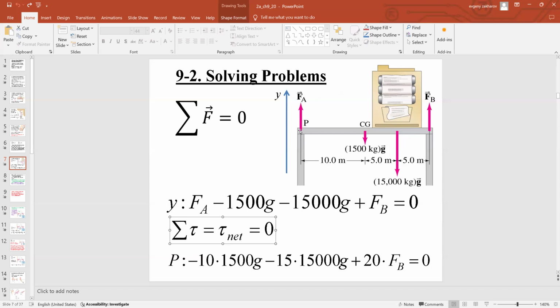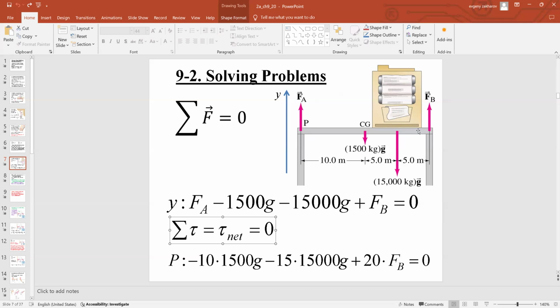It doesn't matter how strong the force is if moment arm is 0, because the shortest distance between the line of action and axis of rotation is 0, then you don't care about that force. The torque is 0. So point P is a very good choice to eliminate the torque caused by force F sub A.